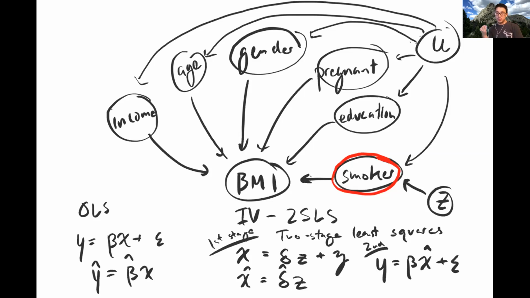And so what you're doing here is you are controlling for differences in your x related to all of your confounding variables, and you're only caring about how your x varies as it relates to your instrumental variable.